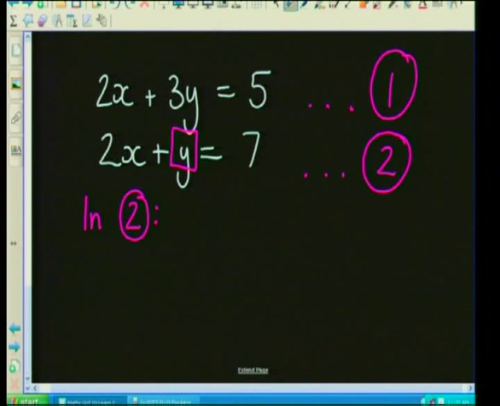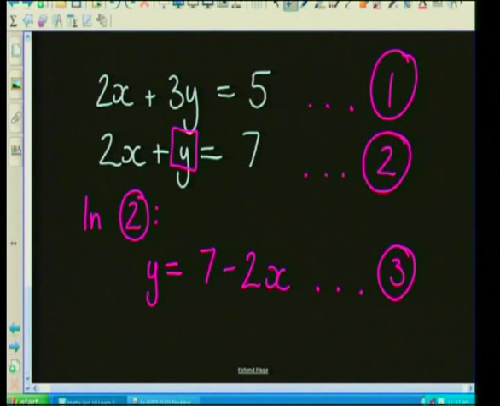In other words, I'm telling my teacher in equation number 2, and let's rearrange it. Y is equals to 7 minus 2x. Is equation 2 the same as this down here? Yes, they are the same, except this one down here, which I'm going to call number 3, is just rearranged.